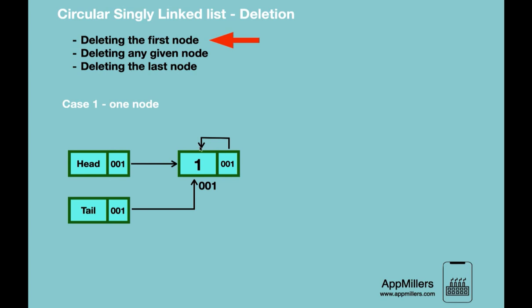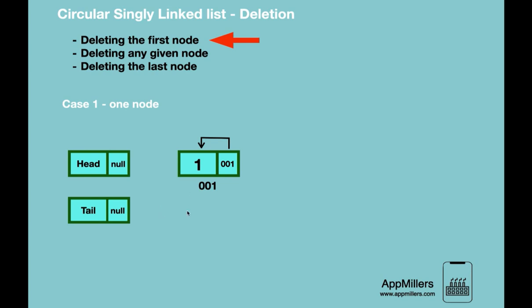To delete this node, the first thing we need to do is update the reference of head to null. By doing this, we are deleting the connection between head and this node. Then we will update the tail reference. If we update the tail reference to null, it will delete the connection between tail and this node.